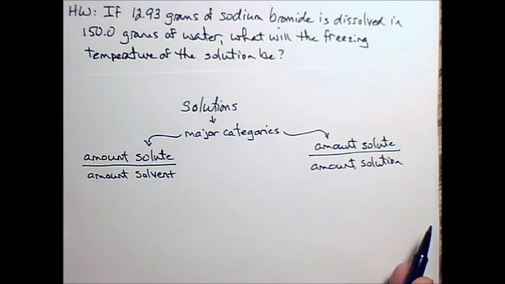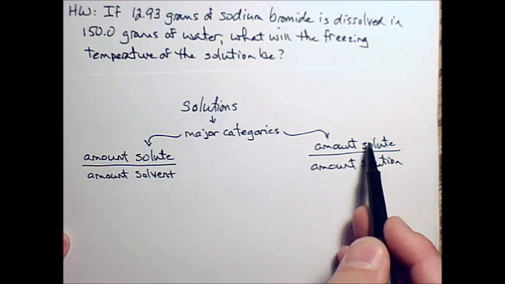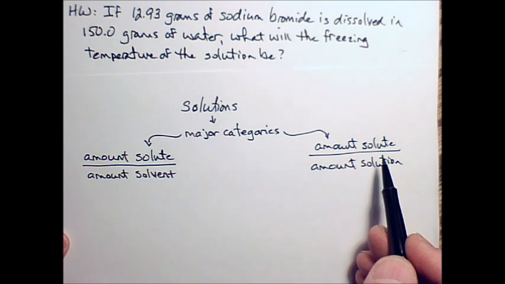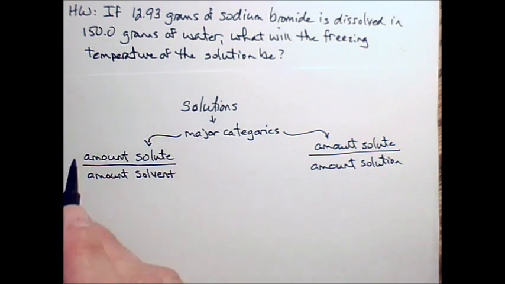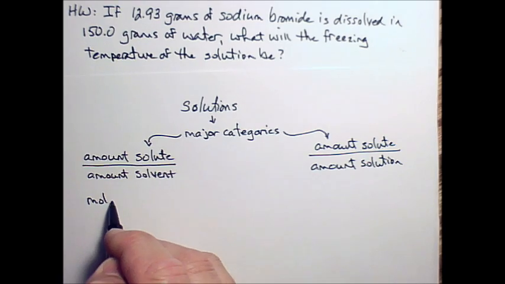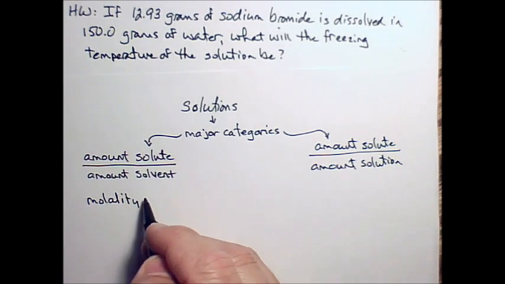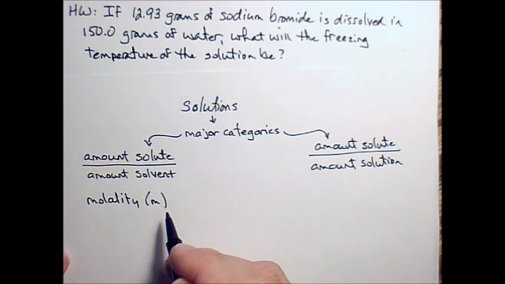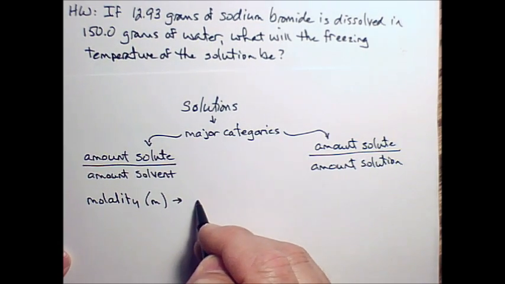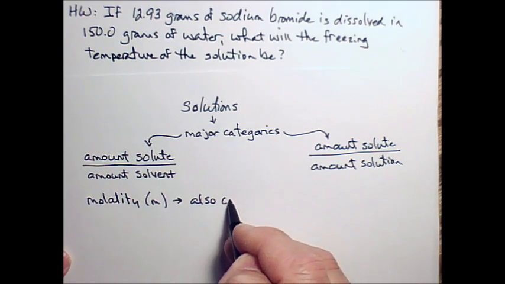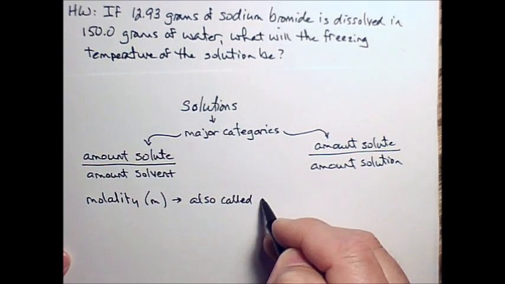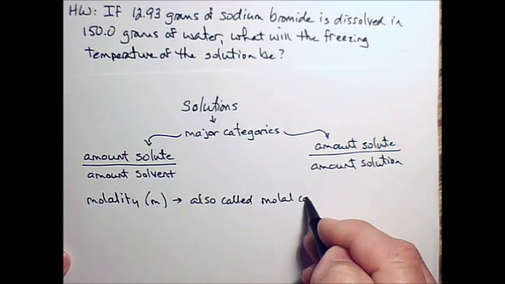So last week we were working with molarity, which fell under this category. This week we're working with molality. The symbol for molality is a small letter m. It's sometimes also called molal concentration.